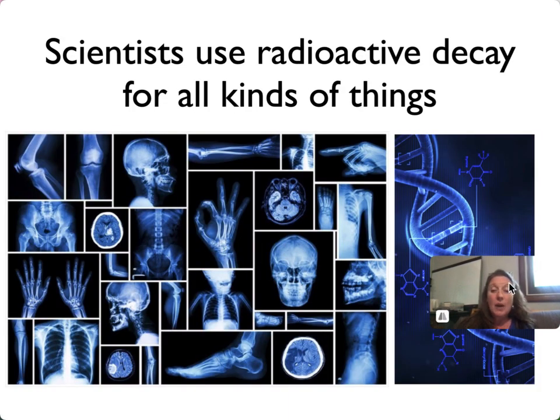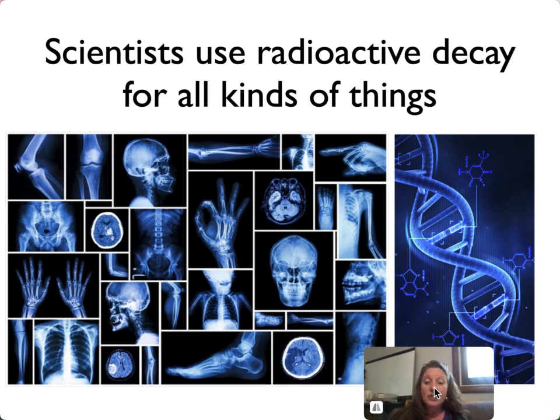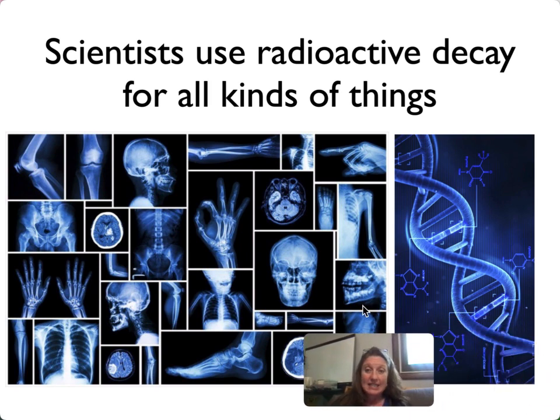So, radioactive decay or radiation is used by all kinds of things in science and medicine. You're, of course, familiar with taking x rays. That's a type of radioactivity. And you may not be aware, but the reason that we know what the shape of a DNA molecule looks like is because of radiation.